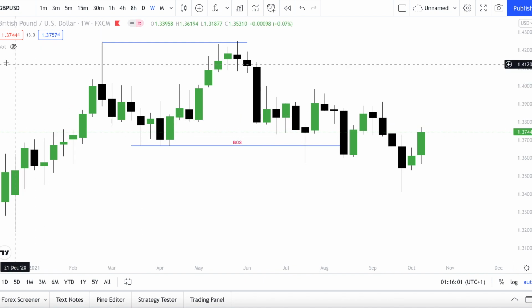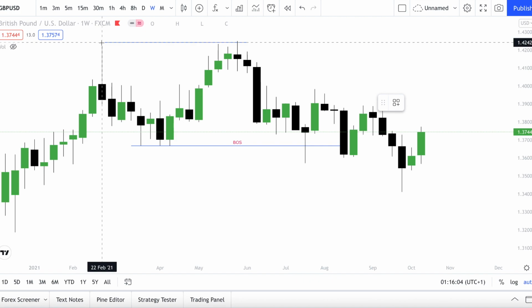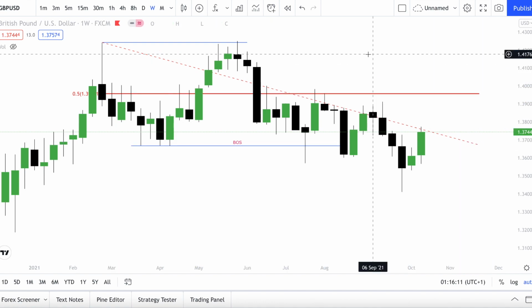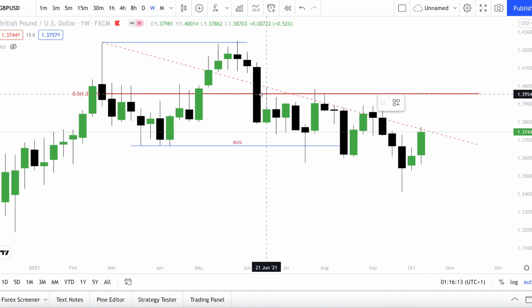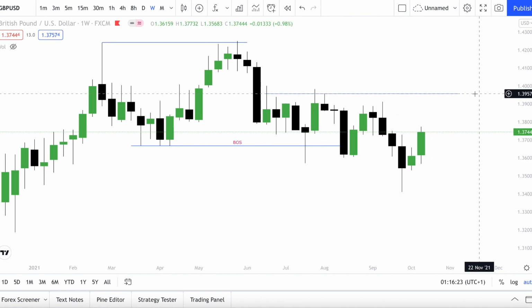So this was the last buy before the sell was made, right? Which makes this our equilibrium level, where you can expect price to come and mitigate the orders. Change this.